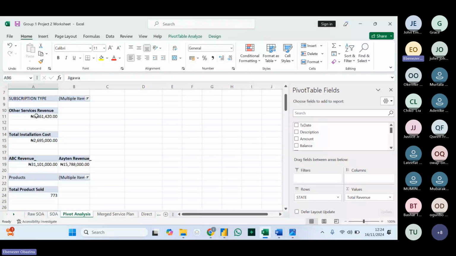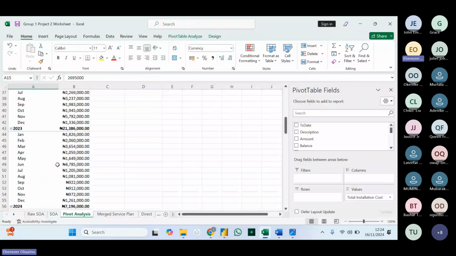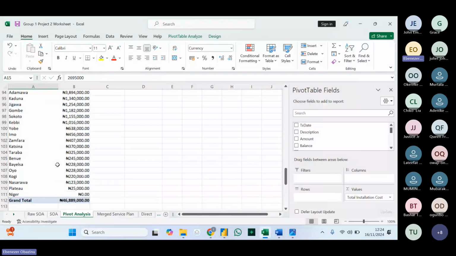Then revenue from other services like IP services is 3.5 million. Then total installation cost is 2.6 million. Then this is the share for internet service only for both ABC and Azyten. We did all this using the pivot table.